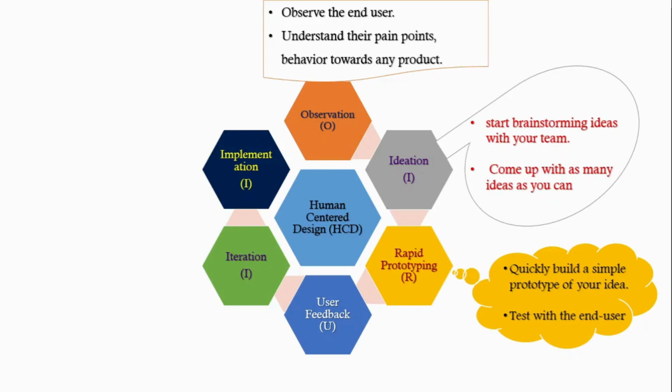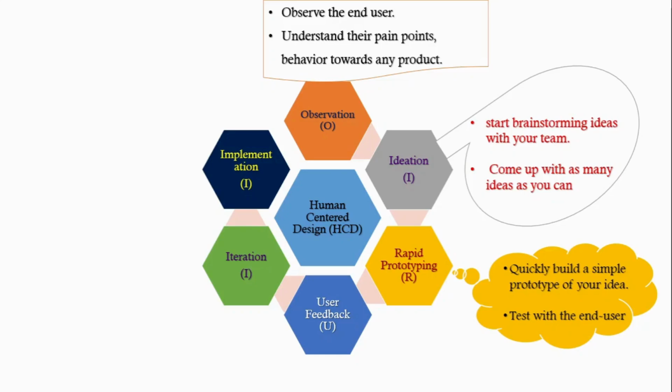Now here you have to consider whether you are going to create a physical prototype or a virtual prototype. If you are creating a virtual prototype, then it is very easy and you can show it to the user as well. But if you are creating a physical prototype, then you must know what items are available with you.